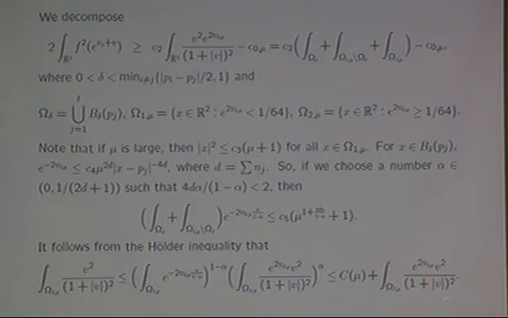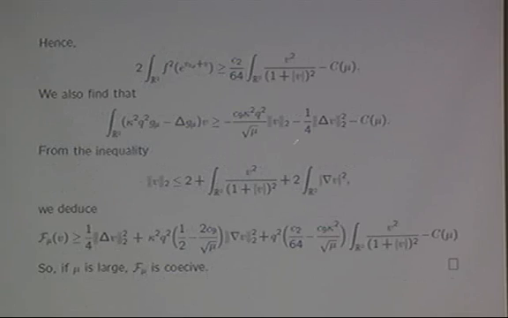This integral has a lower bound by this term, from which we obtain this inequality. And finally, the last term in the functional can be estimated by this. So we obtain this one. From this, F is shown to be coercive.